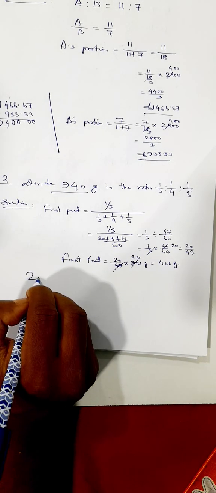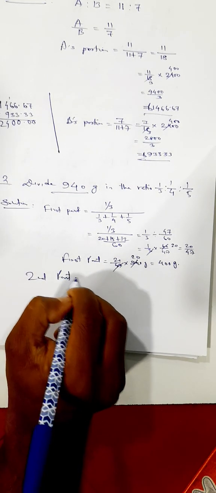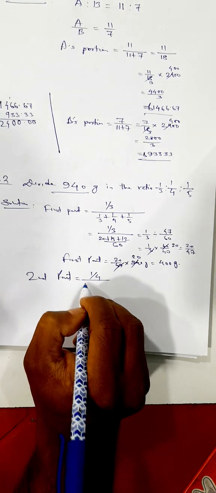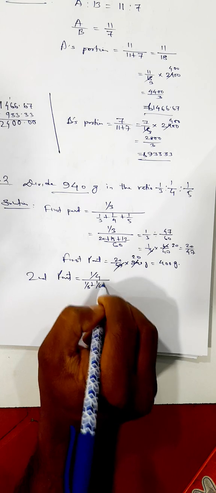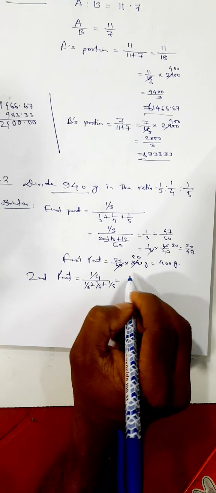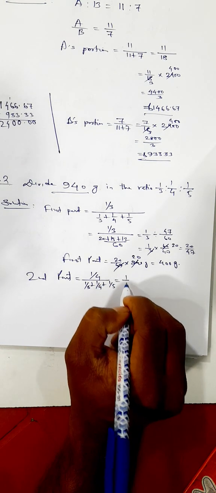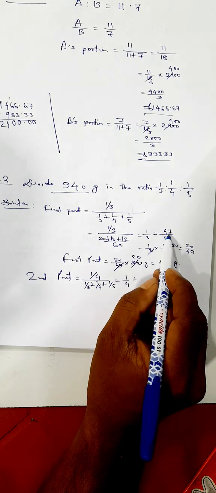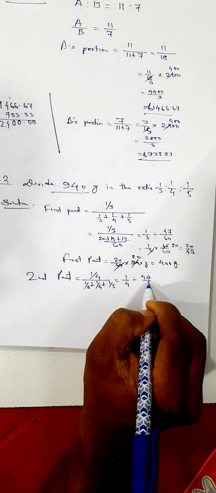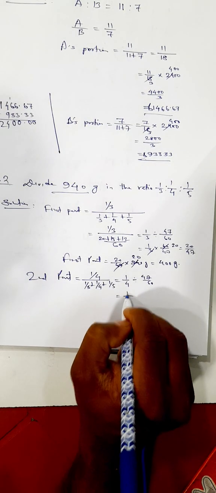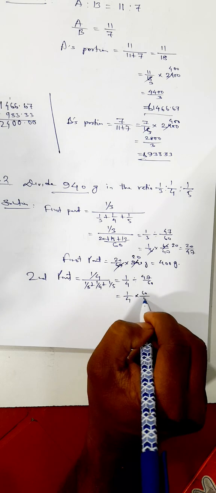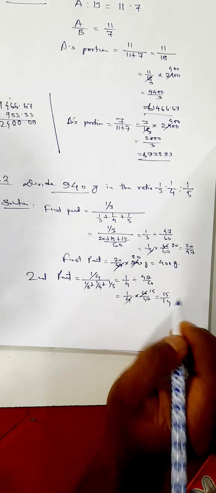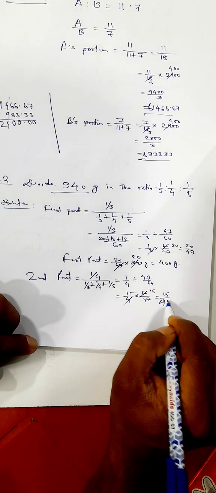Now what is the second part? Second part equals 1/4 of 1/3 plus 1/4 plus 1/5. That means 1/4 divided by 47/60, which we already did earlier, or 1/4 into 60/47, 4 15s are 60, so 15/47.